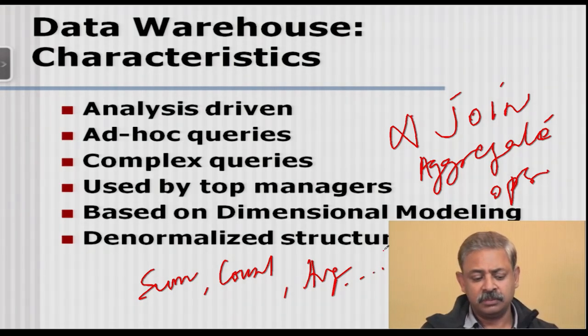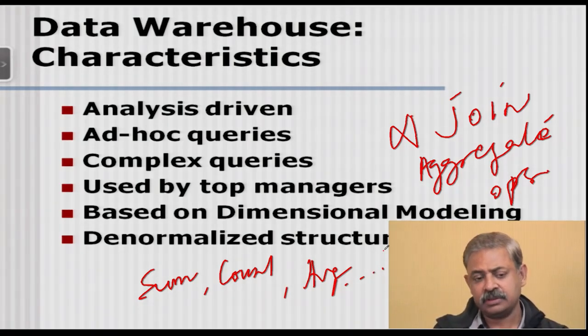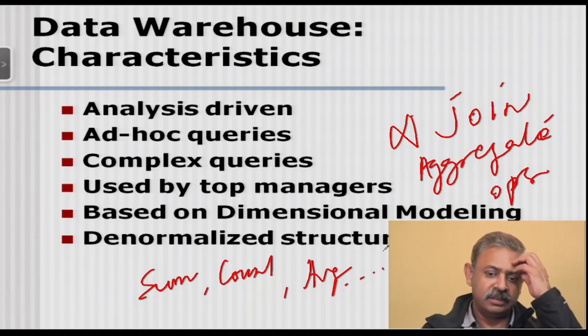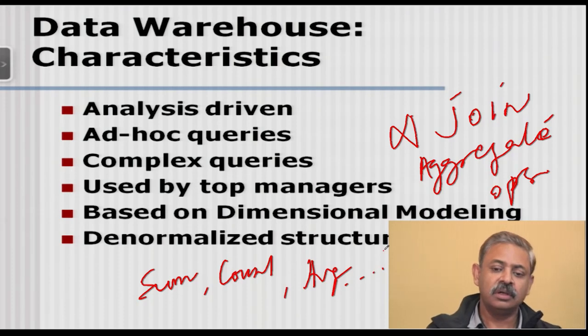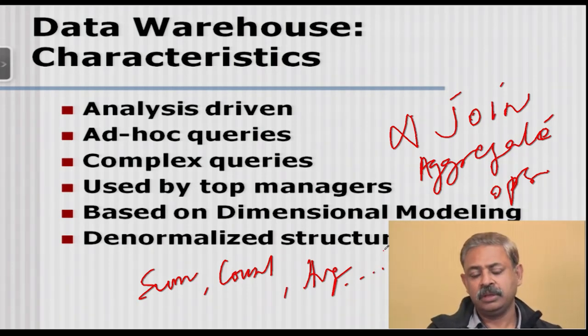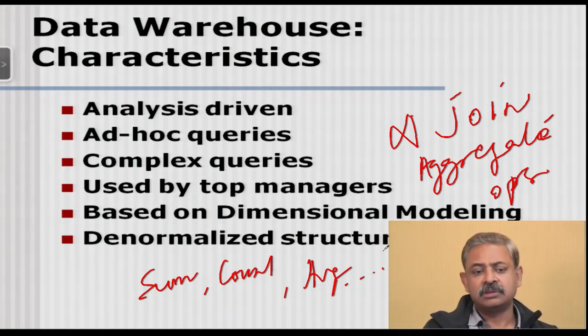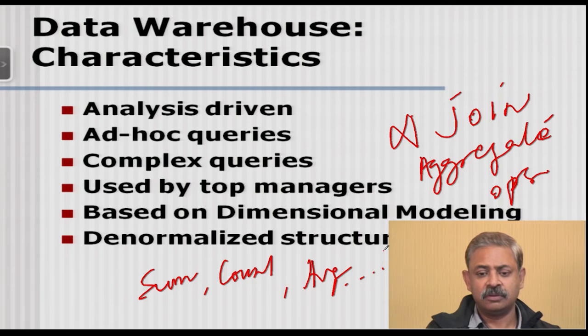The idea behind giving access to everybody is that they might come up with some results, or do some analysis, and unearth some patterns or information that is not known to us. With that idea, access was given to everybody in the organization, and based on dimensional modeling. So here I'm not advocating Kimball's approach to data warehousing, but most implementations of data warehouses follow Kimball's approach. And in the next module, we'll see why it is so, right?